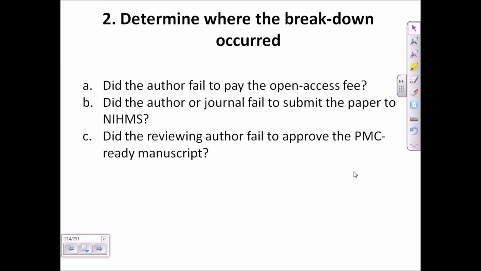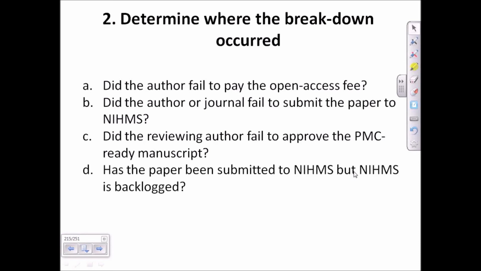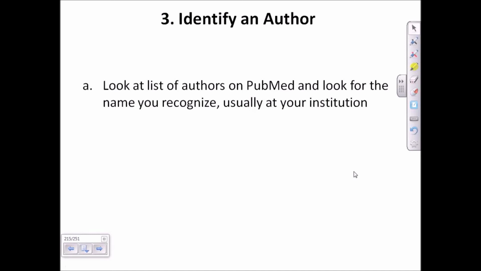That could be the issue where the problem happened. Or perhaps everything has been done on our part. We've done all that we can, but the problem is with NIHMS. They still have a whole backlog of papers. Your paper is at the bottom of the pile, and they just haven't gotten to it yet. That could be the problem. And in that case, then, you need to contact them and ask them to work on it.